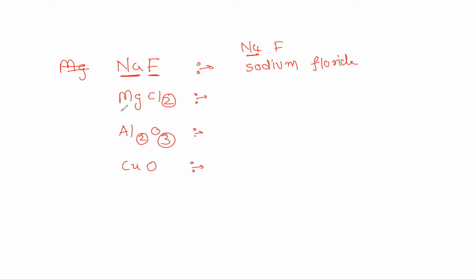Second example, we just need to see that Mg is a metal element and Cl is a non-metal element. Mg is magnesium, right? Magnesium. And Cl, what is Cl? It is chloride.